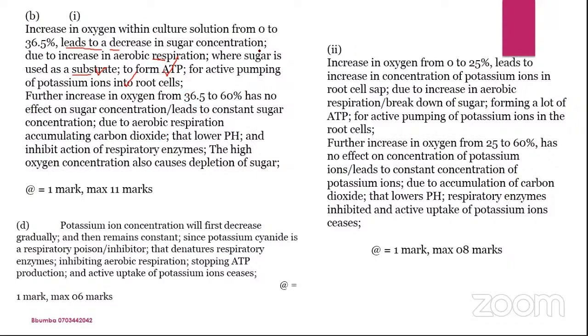Then for part 2, increase in oxygen concentration from 0 to 25% leads to increase in concentration of potassium ions in the root cell sap due to aerobic respiration, or you could use breakdown of sugar, forming a lot of ATP. Whenever you are talking about ATP, I note that's a full mark. Pumping of potassium ions in the root cell, that's another full mark.